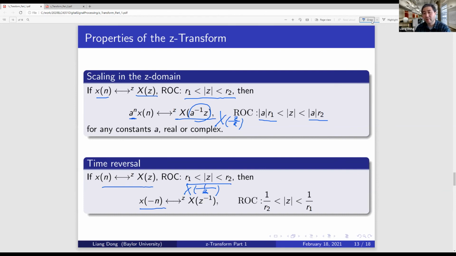You're looking at the inverse of the variable, 1 over z. And the region of convergence also becomes the inverse of my original region of convergence. So it becomes 1 over R2. Now R2 is a large number, right? So 1 over R2 is a small number. 1 over R2 less than absolute value of z, less than 1 over R1. Okay, it's still a ring, but the region of convergence is taking the inverse in the z transform.